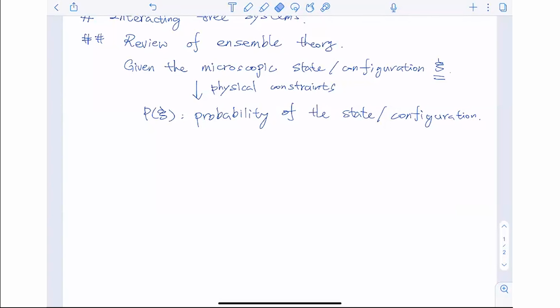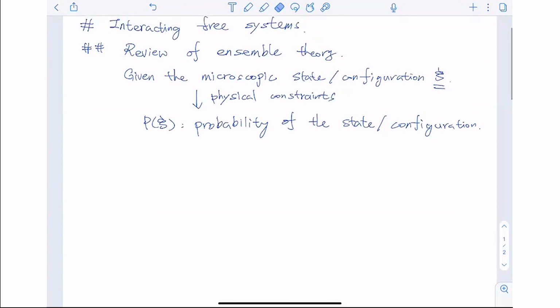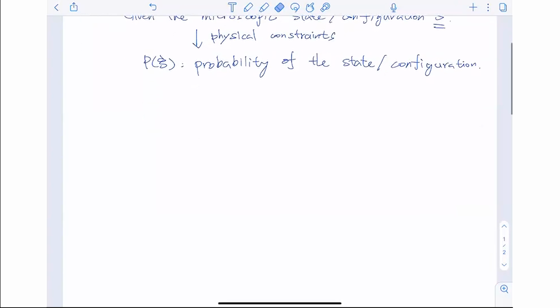But it also means that if you understand the fundamental procedure, the procedure to use statistical mechanics to study different problems is basically the same. So you just apply it again and again. That's why I'm going to do the review of ensemble theory.